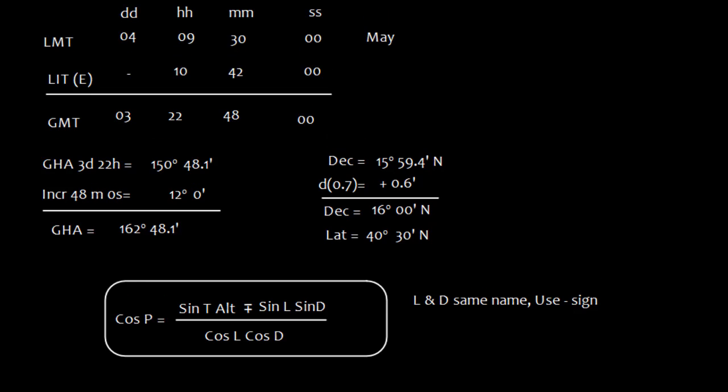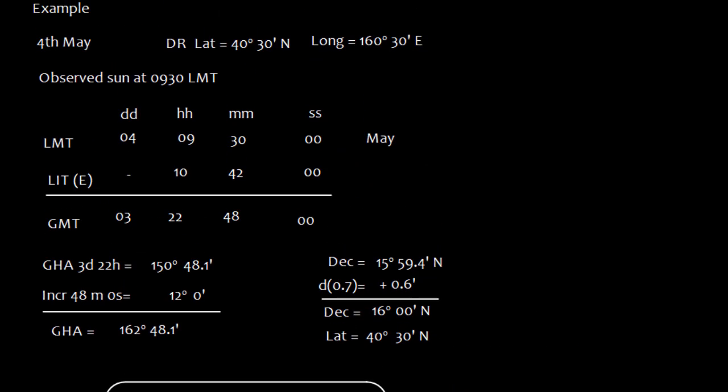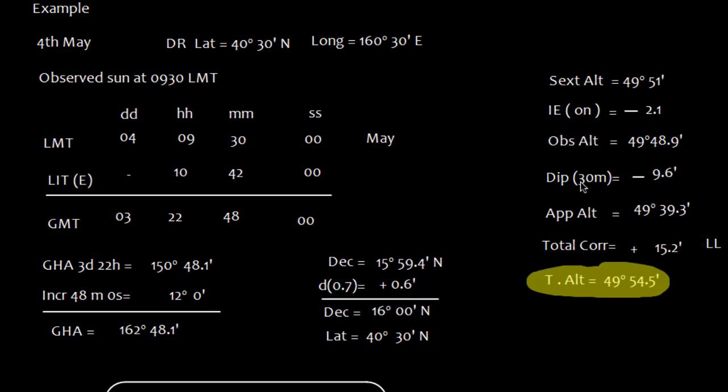So what we have to do, we need to find true altitude. For true altitude, let's talk about this. Sextant altitude is given 49 degree 41 minute. Index error is given, which is on the arc, so we got to subtract. So we get observed altitude, then we apply dip correction, which is minus 9.6, so we get apparent altitude.